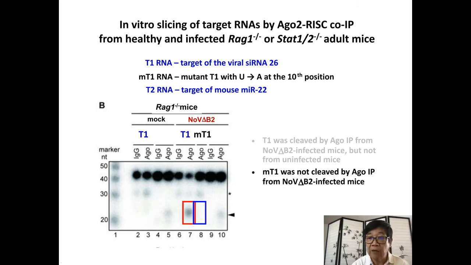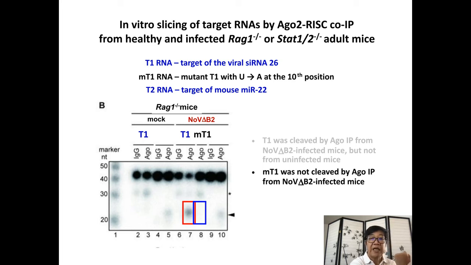We then tested cleavage of the mutant T1 RNA. We find that using the same AGO complexes purified from delta B2 virus-infected RAG1 mice, we do not see cleavage of mutant T1 that differs only by one nucleotide.